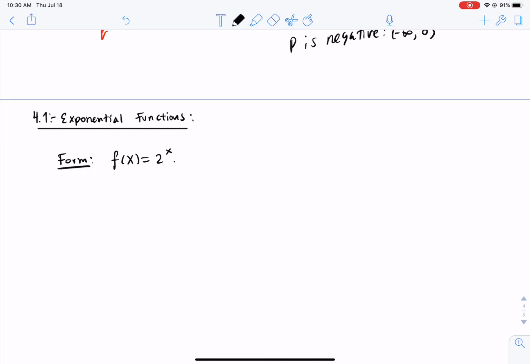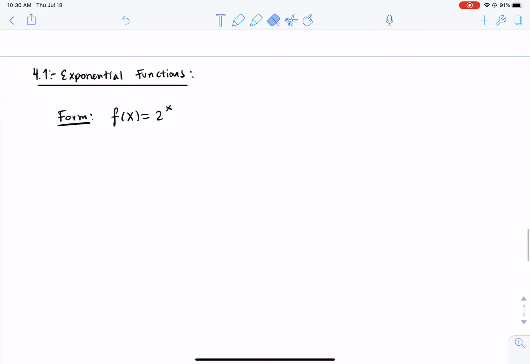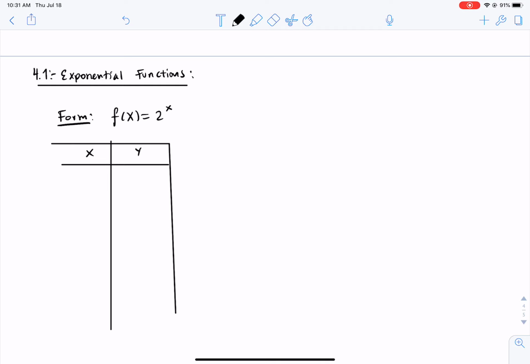But for now, just imagine this function here, and let's create a table of values. I told you it's not very useful, but let's see how this will behave. Here is x, here is y, and let's plug in some values and get an idea of how this is going to look.